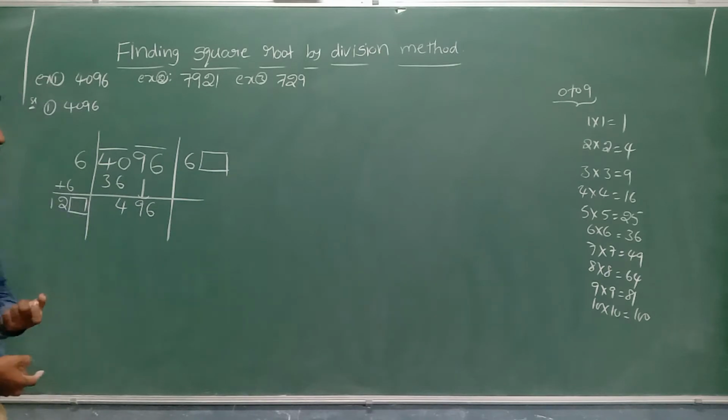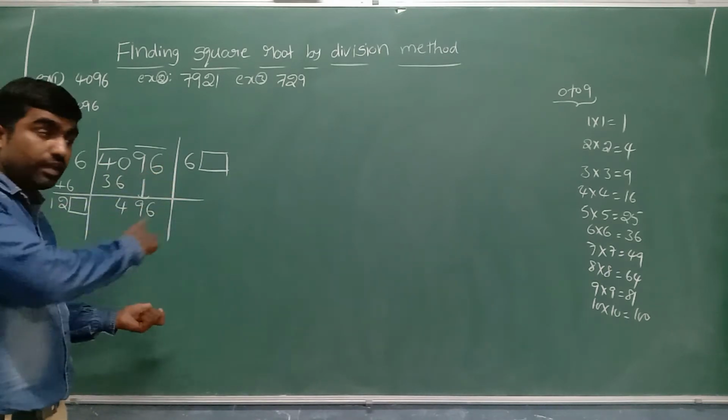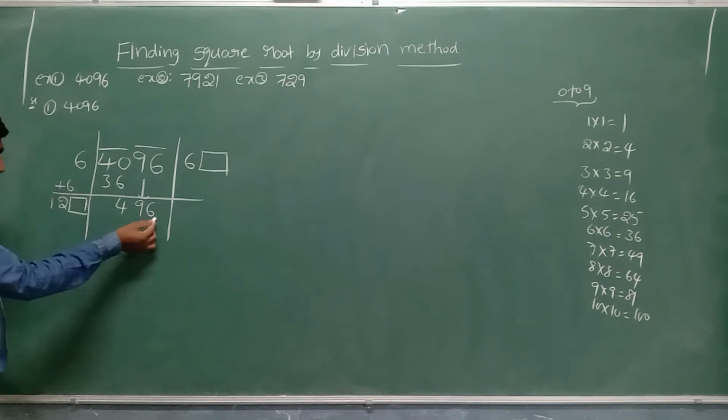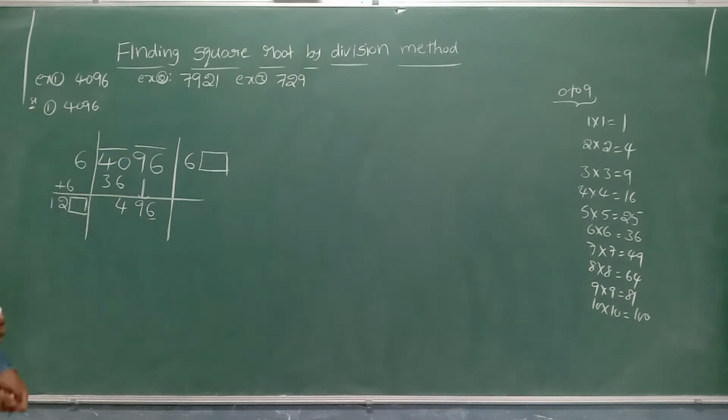How can I identify the suitable digit? Can I write each and every digit from 0 to 9? No. With the help of the last place digit, we can identify it easily. If I write 2 here, here also 2. 2 2s are 4. The last place digit is 4, but I can see only 6 here.